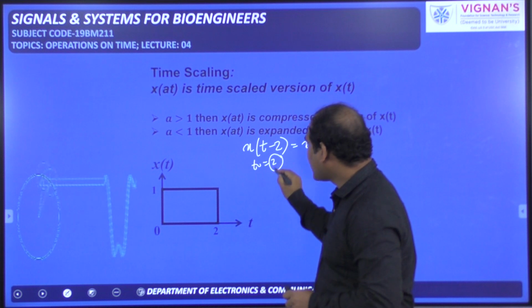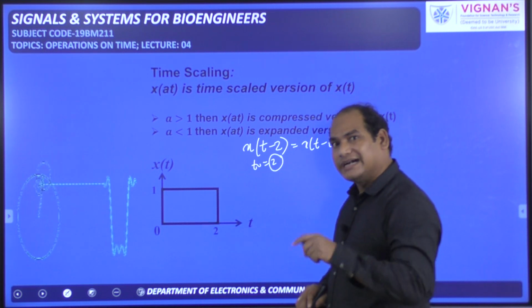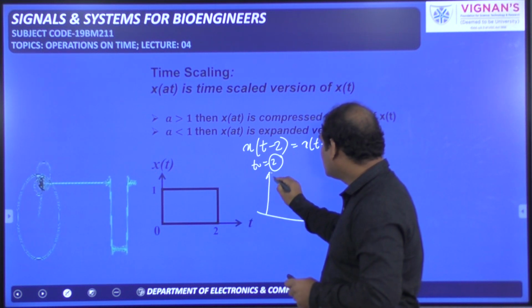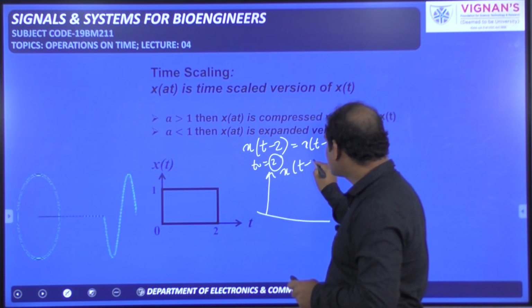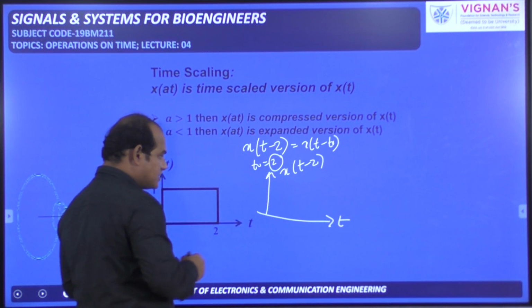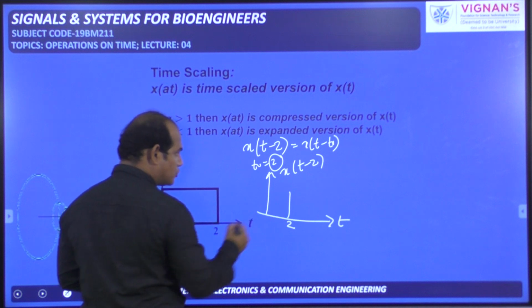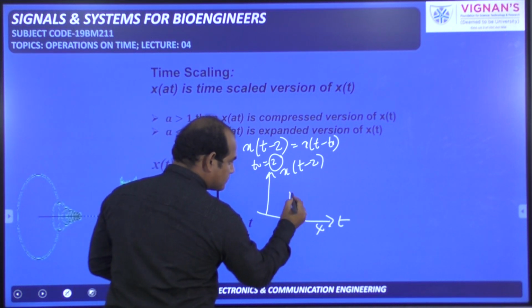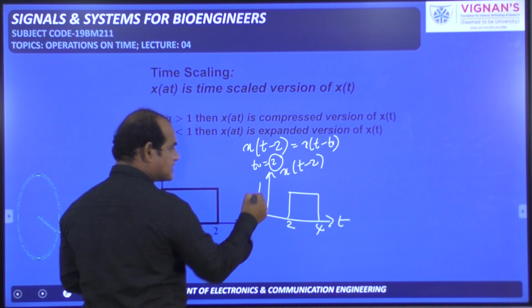So this 2 should be added to the time axis. We have to do the addition here. So x of t minus 2 will be like this. This 2 should be added to 0. So signal starts from 2. 0 plus 2 will be 2. 2 plus 2 will be 4. In this way the signal will be there.